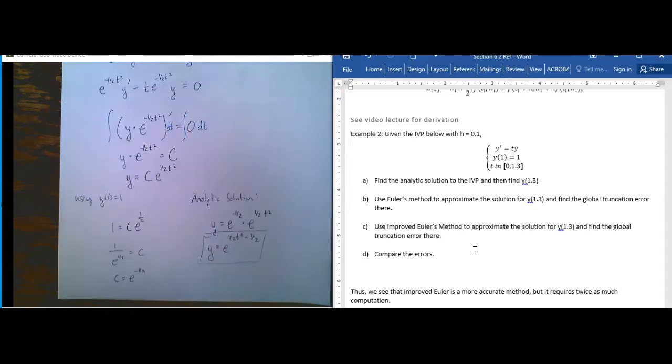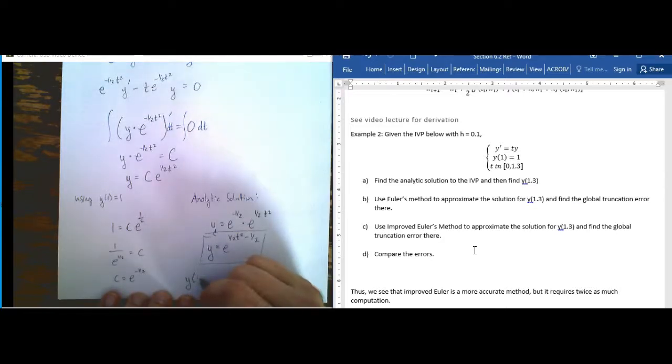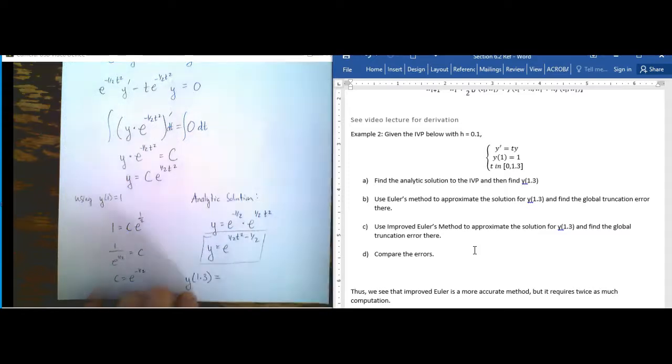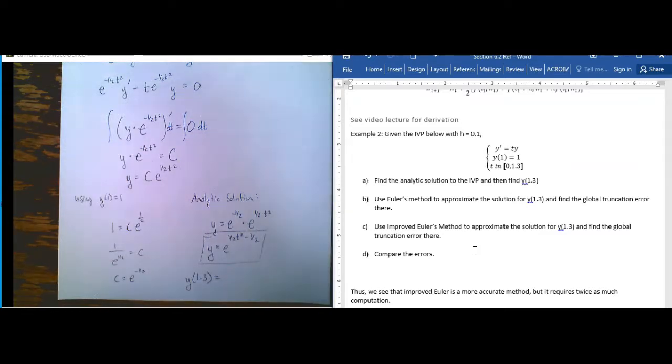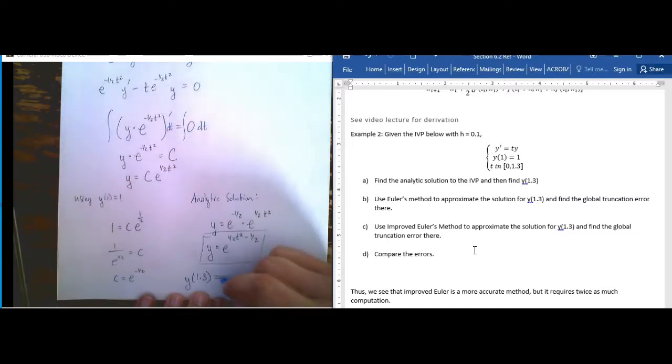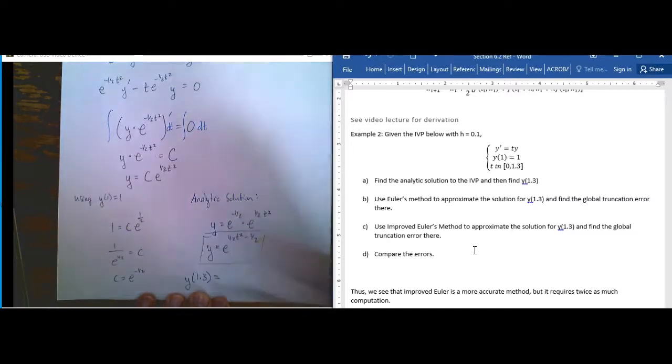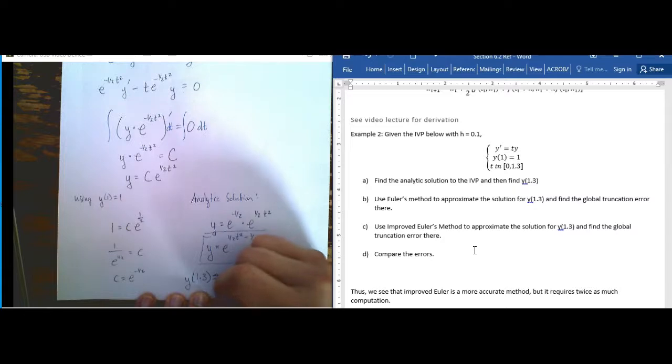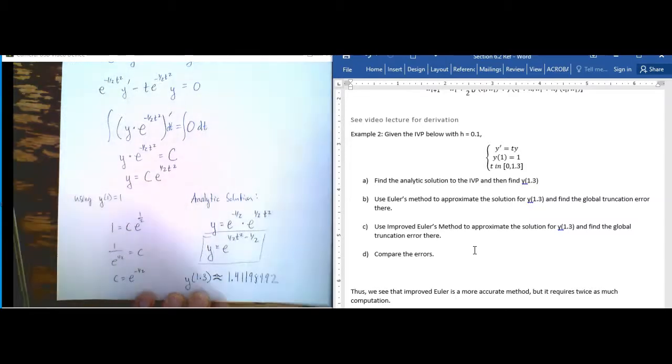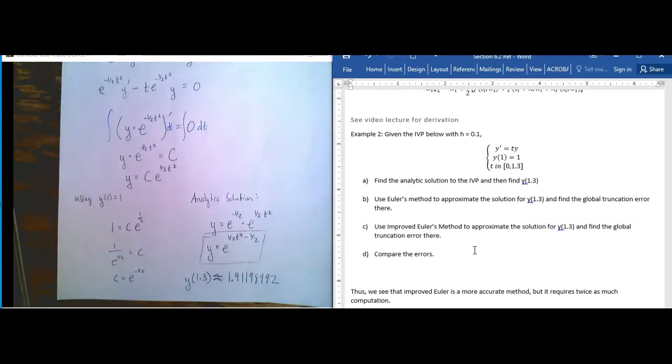So there's our analytic solution. y of 1.3 is equal to, just plugging in 1.3 there, approximately 1.4119892.